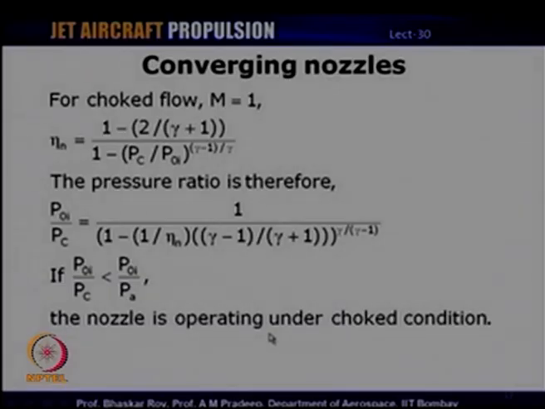So, if this pressure ratio, which we can calculate based on the gas properties and the nozzle efficiency, is less than the pressure ratio corresponding to the ambient pressure, the nozzle is operating under choked condition. Given a certain nozzle geometry and the type of gas, which is normally either air or combustion products, from the pressure ratio we can find out whether the nozzle is going to operate under choked condition or not.